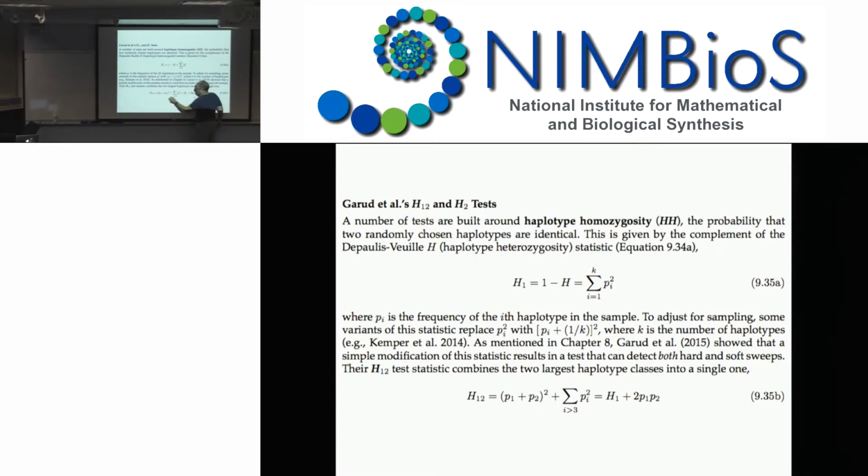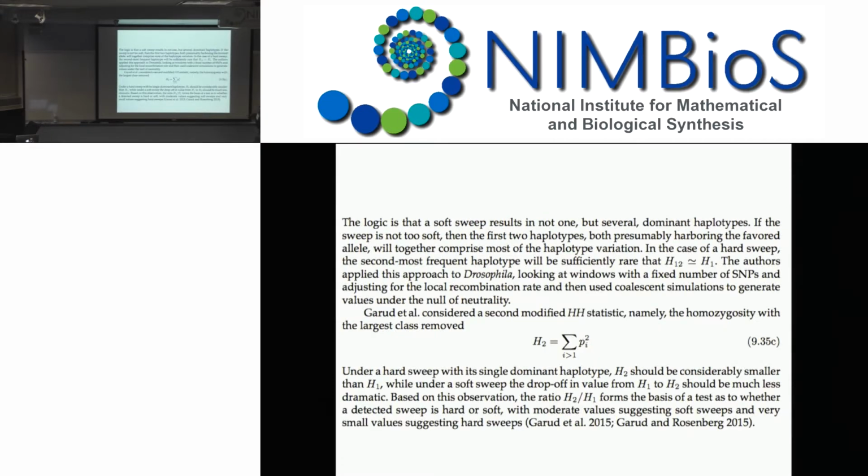So those are the two most common, and there's everything else. If I have a soft sweep and it's not too soft, I may not get one dominant haplotype, but I'll get a couple of dominant haplotypes. So I put those in, and the ratio of H2 to H1 is often used for that.